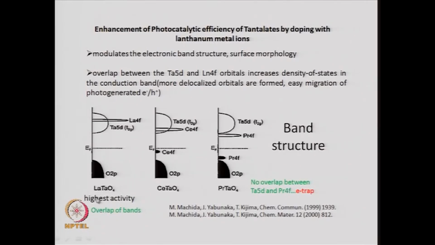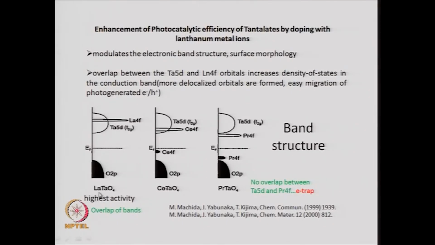LaTaO4, in which case you have a band of tantalum 5d, where all the 5d orbitals overlap to form a band of tantalum 5d, which looks like this, and this is the energy scale. This is an oxide, so you will have oxygen levels, and the oxygen levels are here much below the tantalum 5d levels, which means this band has been formed from the 5d orbitals of tantalum, and this band has been formed from the 2p orbitals of oxygen.